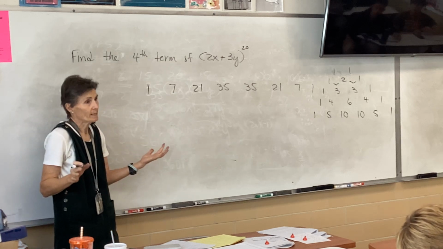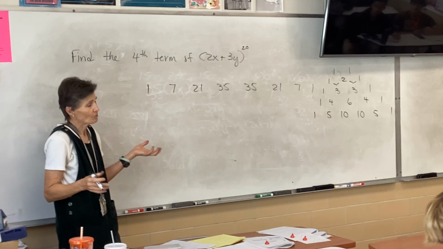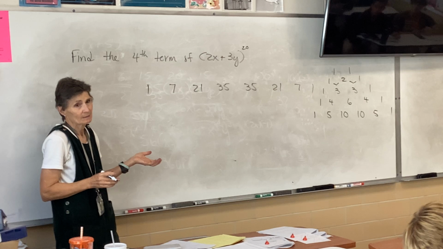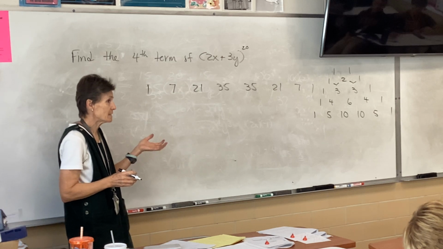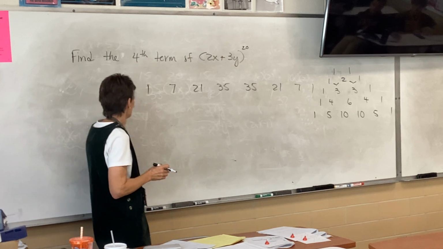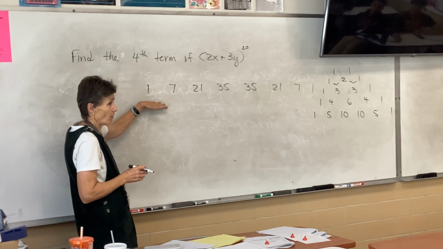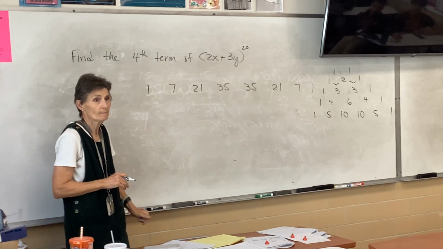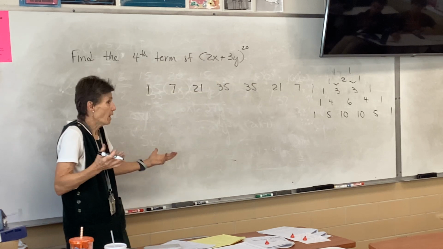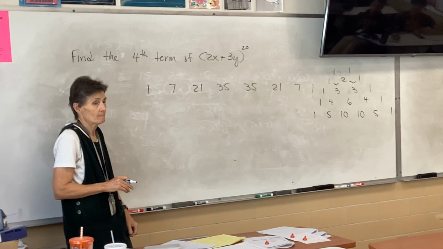Why are you worried about that? It's a lot. Because you would need to find not the 7th row of the triangle, but the 20th row of the triangle. And that would be a lot.